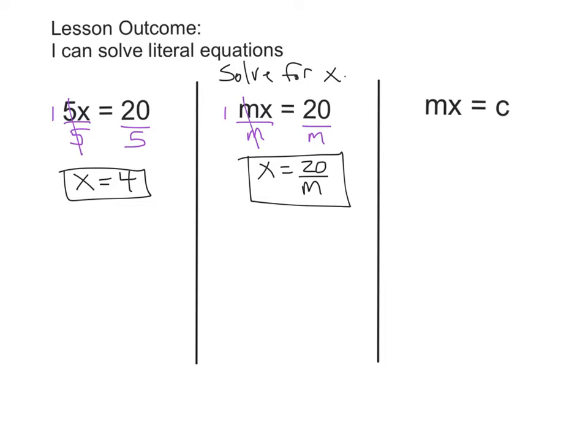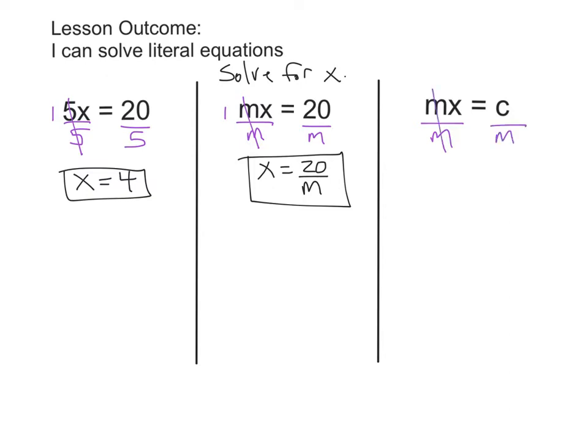It's still the same exact equation as we had over here, except for now the 5 is an m, just like it was here, and now the 20, instead of being a 20, is a c, a variable as well. We're still trying to solve for x. So if I want to get x alone by itself, I'm going to divide by m on this side and divide by m on this side.